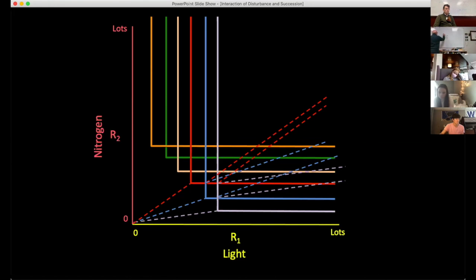Then species 4 comes in because species 3 has altered the environment that makes it suitable for species 4, but because it is suitable for species 4, species 3 and species 4 can coexist, but species 4 cannot coexist with species 2. And so you'll go through these pairs of species as you go through this entire sequence of succession.